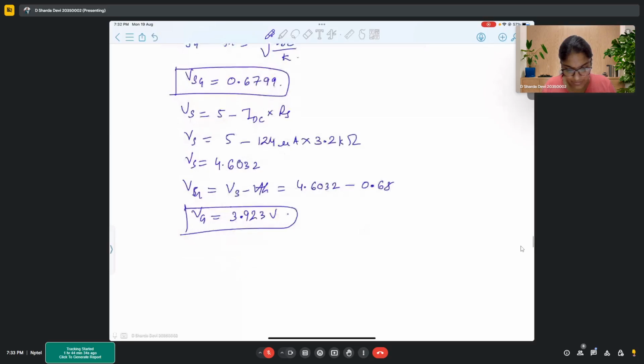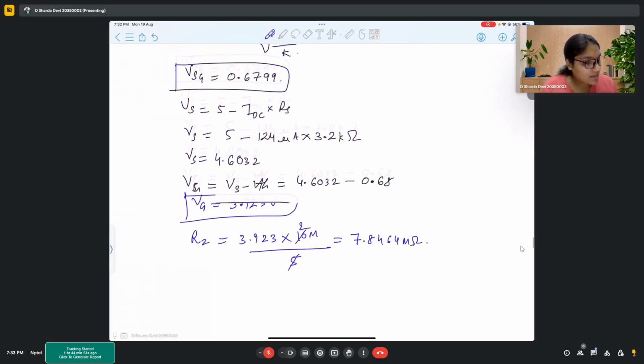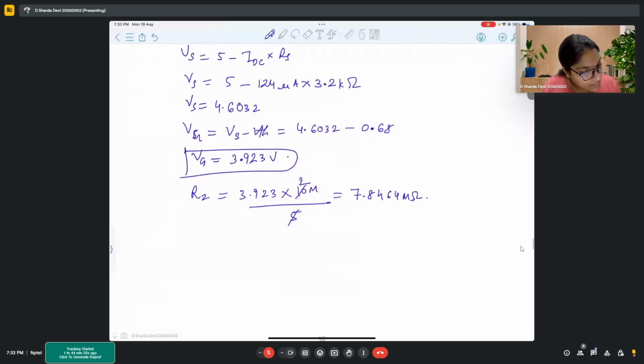If this is the Vg, then R2 would be 3.923 into 10 mega by 5, so this is 7.8464 megaohms.